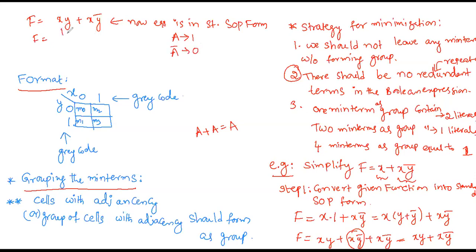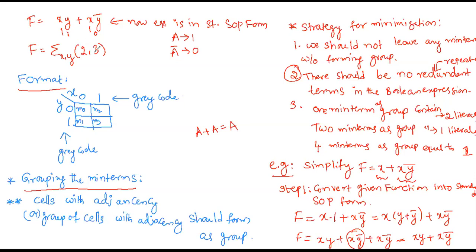So it is 1 1, it is 1 0. 1 1 is nothing but 3, 1 0 is nothing but 2. So you can write F is equal to summation of x comma y, 2 comma 3.